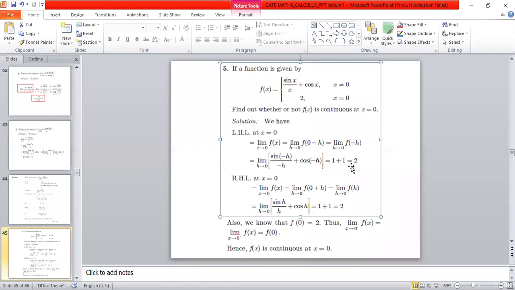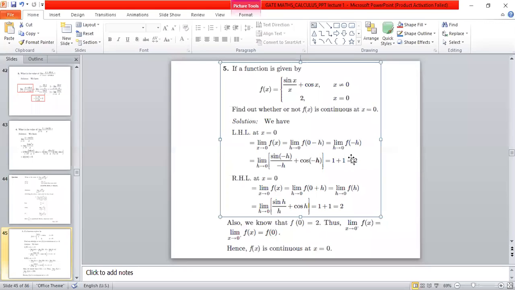As we know, the limit of sin theta upon theta as theta tends to 0 is always 1. So 1 plus, separating the limit, limit h tends to 0 of cos of minus h, and cos of minus theta is cos theta. Taking h tends to 0, we get cos 0, which is 1. So it is 1 plus 1, 2. So the left hand limit is 2.